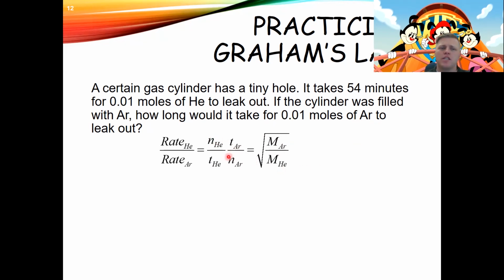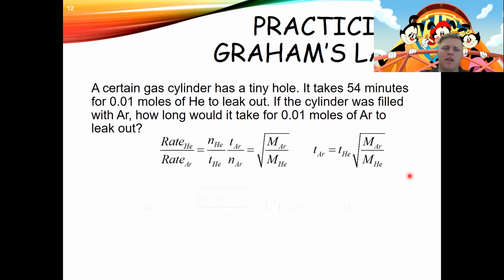So we actually get to cancel those two out simply because they are the same number. If they were different, we wouldn't get to do that. But since we get to cancel those out, we can rearrange this equation so that our time of argon effusion is just going to be equal to the time of the helium effusion times the square root of the molecular mass of argon divided by the molecular mass of helium.